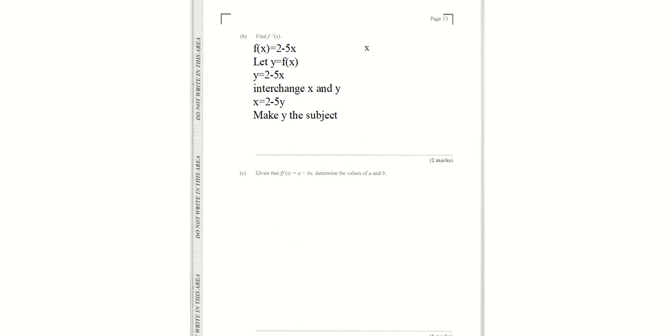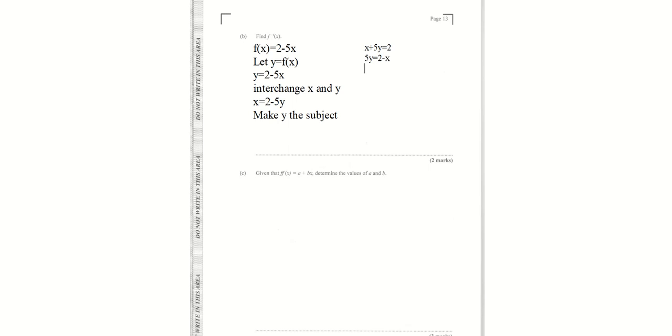So x plus 5y is equal to 2. We want y to be the subject, so you're going to carry across plus. After we carry across subtract, we have to carry across addition. Is there addition? Yes, there's add x. So that means 5y is equal to 2 minus x.